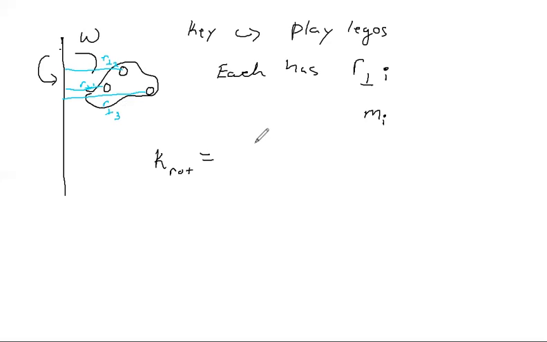And that's just going to be the sum over all the little pieces of all their separate kinetic energies. There's going to be a 1/2 out front, the mass of each one times the velocity tangent to, each one follows a circular path, but that's okay. And so they would each have their own tangential velocity squared.